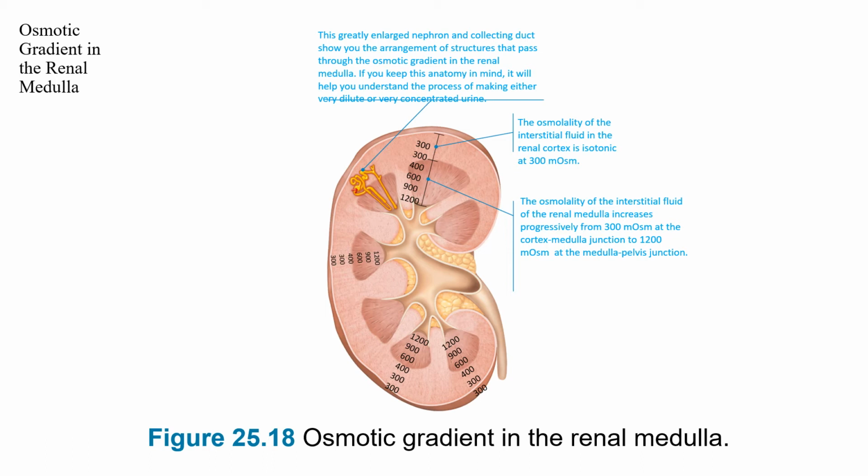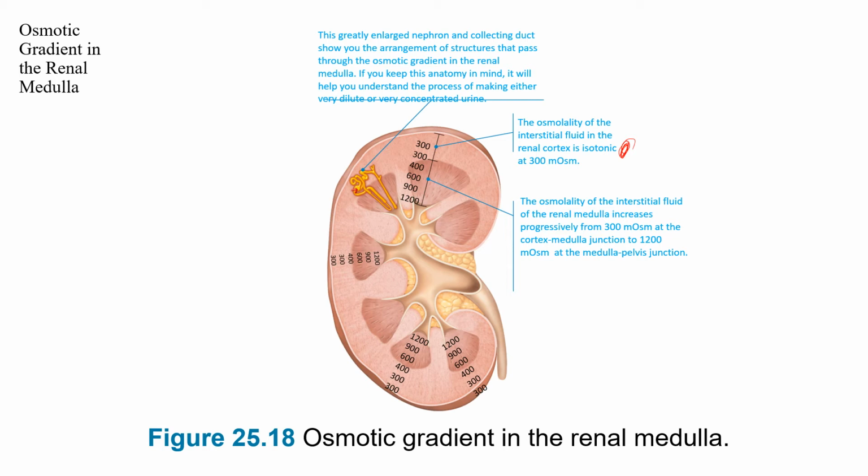And what we note here is that in the cortex, the osmolality is at 300 milliosmoles, which is isotonic, right? Isotonic to the blood.